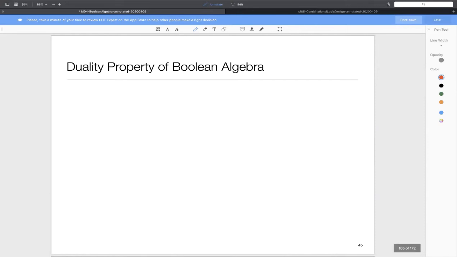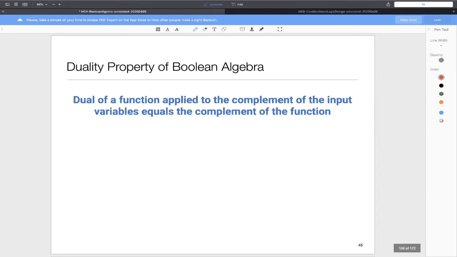But the reason we defined it is because Boolean algebra has a very interesting property, which is called the duality property. What it says is, you just read it: the dual of a function applied to the complement of the input variables equals the complement of the function. Remember, I have a function and I can also define the dual of that function using that rule I described.